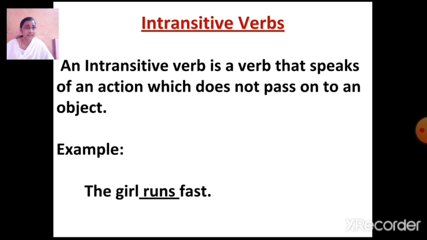Now in this sentence, the verb runs has no object. The word following runs is fast, which is an adverb. There is no answer to the question, runs what? Therefore, a verb that has no object is called an intransitive verb.